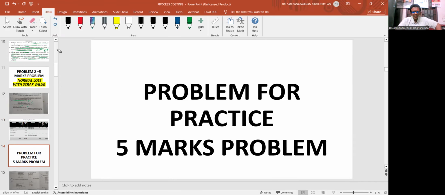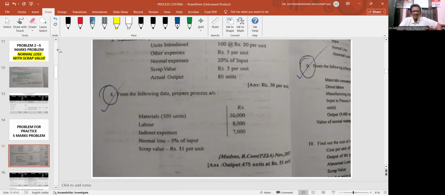Now, this is the problem which I have given for practice. The same 5 marks problem only. From the following data, prepare process account: material input 500 units, amount 10,000, labor 8,000, indirect expenses 7,000, normal loss 5% of input, scrap value rupees 31 per unit.